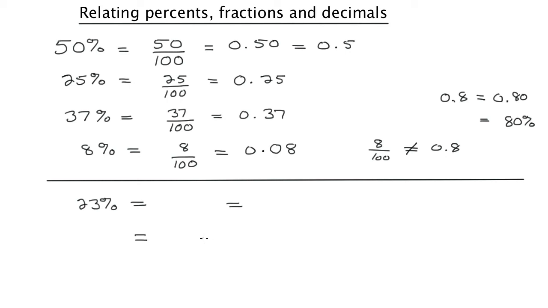Next, I'll give you the fraction, 89 hundredths, and you tell me what that is as a percentage and as a decimal. And last but not least, I'll give you the decimal, and you can go ahead and figure out what that is as a fraction and as a percentage. Pause the video, get these blanks filled out, and when you're all set, resume, and I'll fill this out for you, and we'll be done.